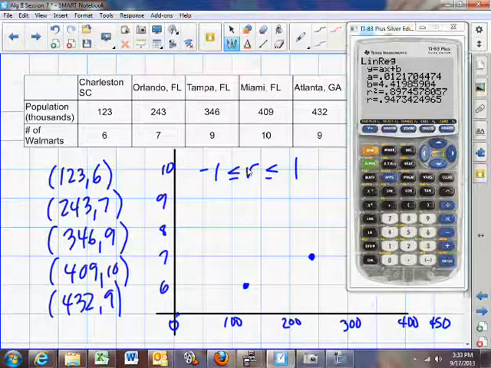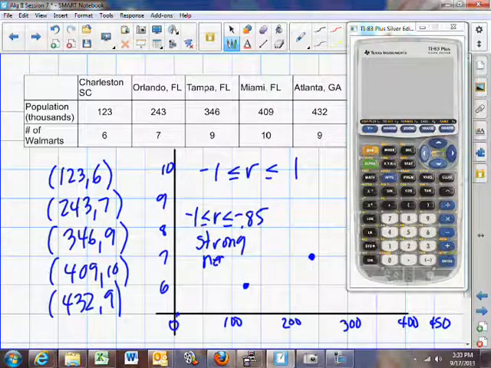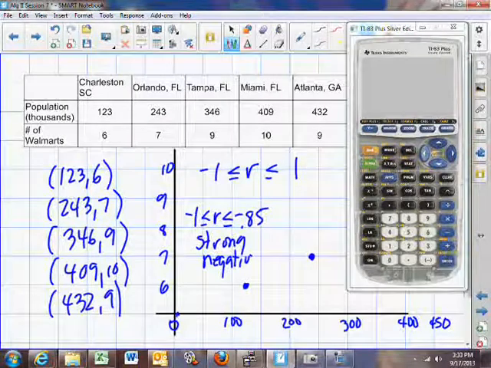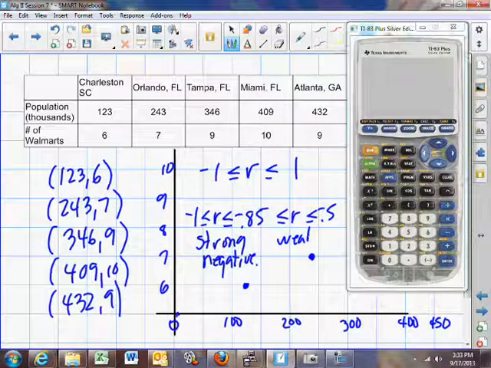Now, we ordinarily say that anything between -1 and -0.85 is a strong negative correlation. Between -0.85 and about -0.5, we say it's a weak negative correlation.